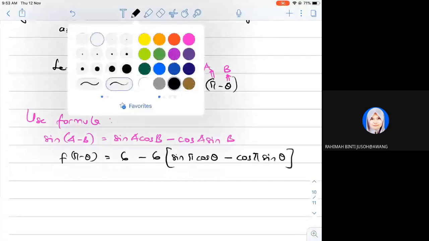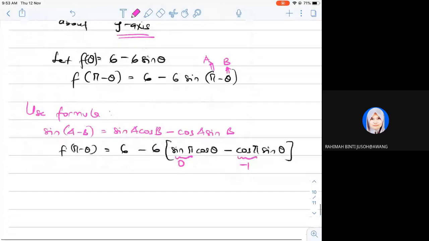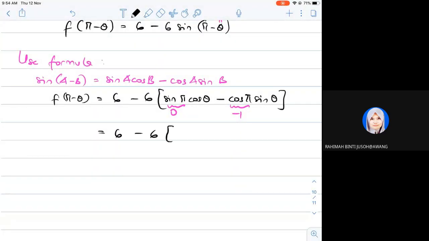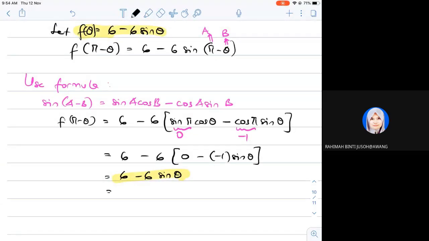Now sin pi is 0 and cos pi is negative 1. So you will get 6 minus 6 times 0 minus negative 1 times sin theta. Negative becomes plus, so 6 minus 6 sin theta... is it the same as this? Same, right? So this equals f theta. Yes, symmetric about y-axis.